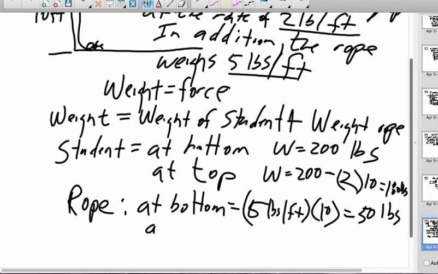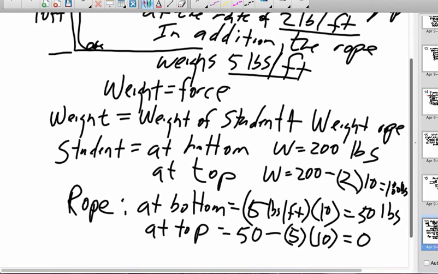At the top, it's going to be my original weight, which was 50 pounds, minus the 5 pounds per foot I lost, times 10 feet, which means it's going to have no weight at all at the top.